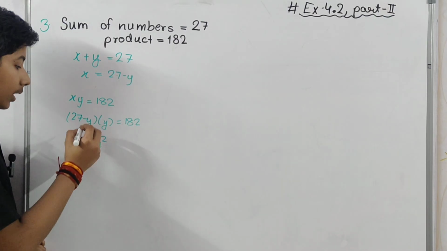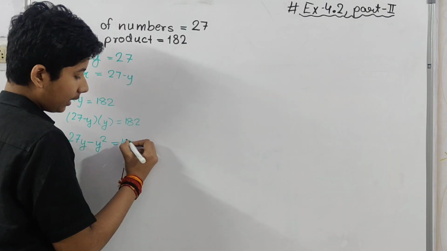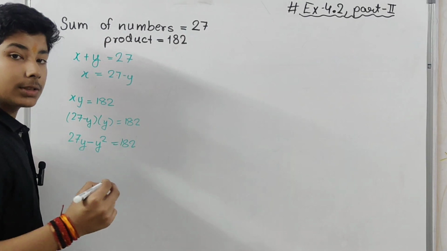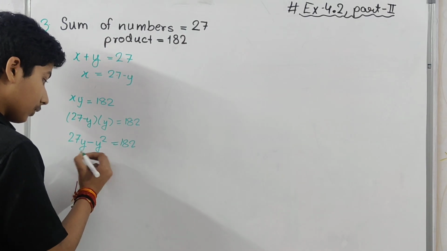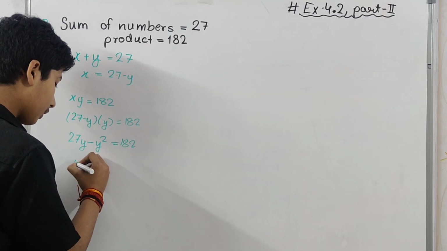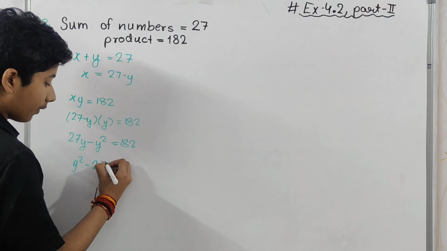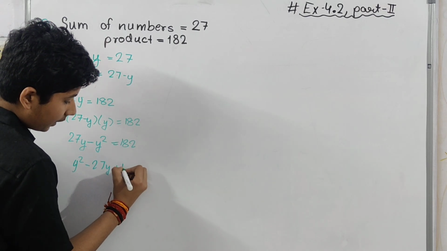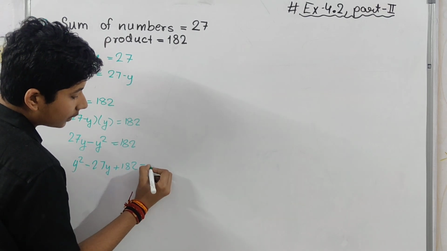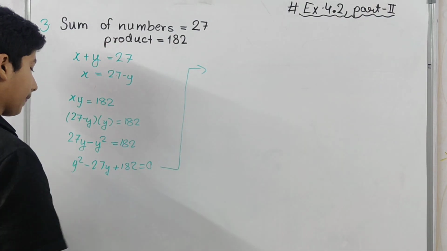Y into y is y square. 27 into y is 27y equals 182. Now we just solve this. So when we shift this that side and this also that side, it becomes y square minus 27y plus 182 equals to 0.